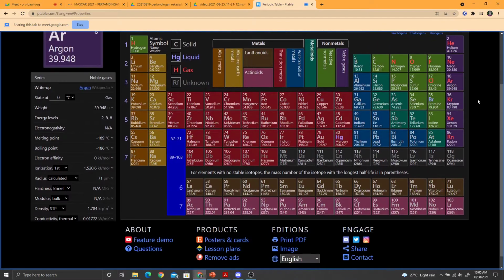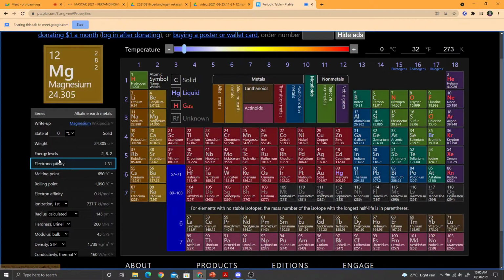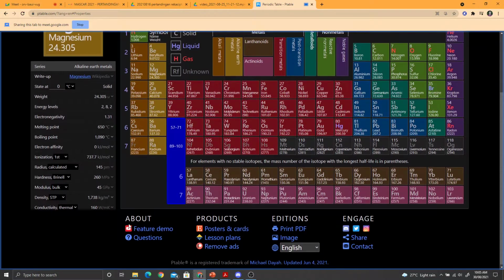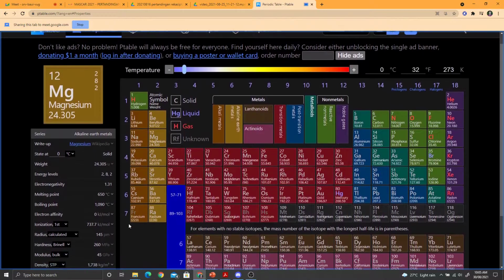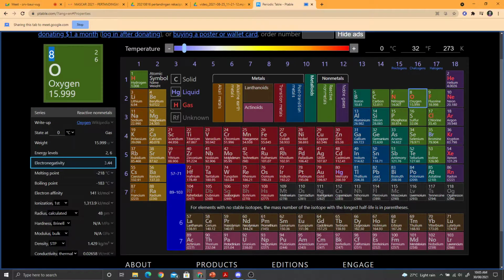Alright. So okay, kalau you guys tengok, this is an interactive periodic table. You guys boleh buka the website, you guys boleh tengok. Contohnya, you guys nak tahu pasal oxygen. So you click on oxygen, dia akan bagi tahu dia punya mass, dia punya atomic number, which is number of electron, dan dia punya electronic configuration juga akan diberi.